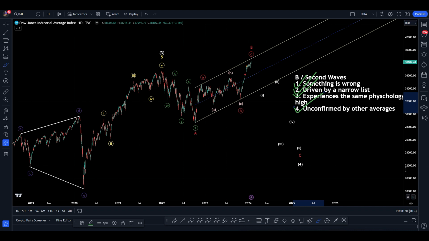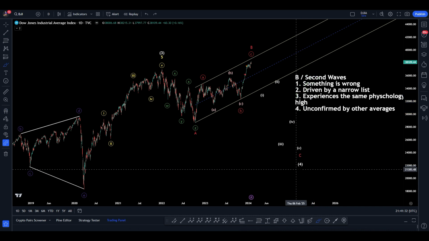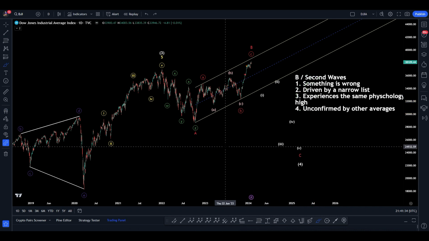All check marks off the list for a B wave. I didn't make this stuff up, guys. I'm just the messenger here. I'm just interpreting the chart for you and letting you know what I see. This is what I see. This is unbiased, raw analysis.